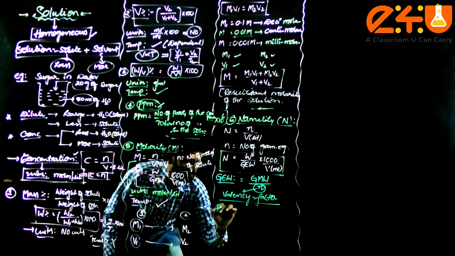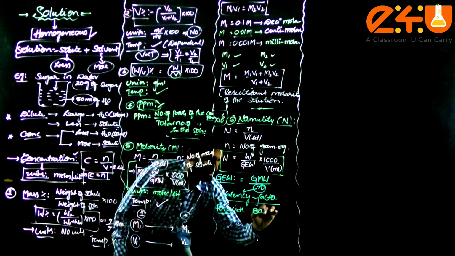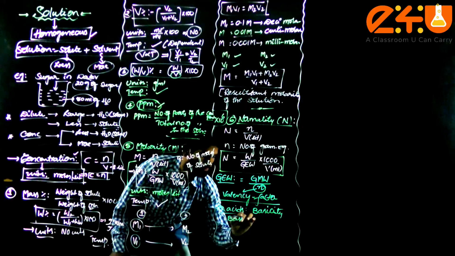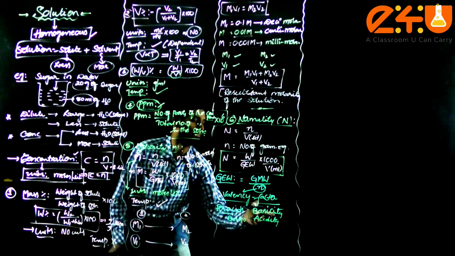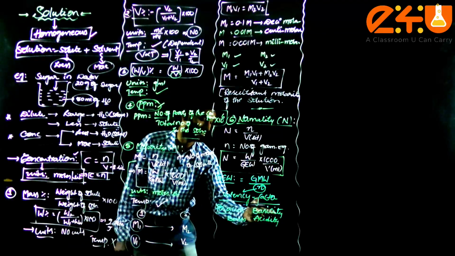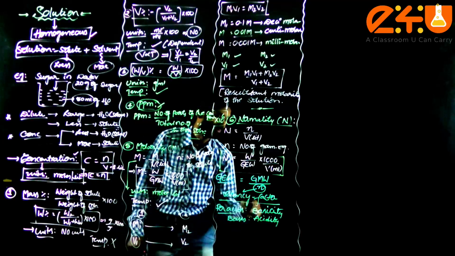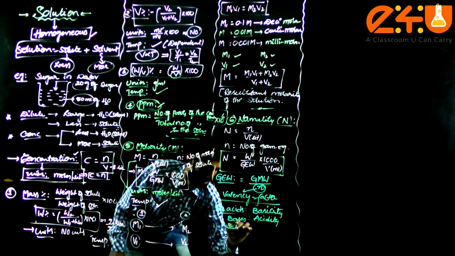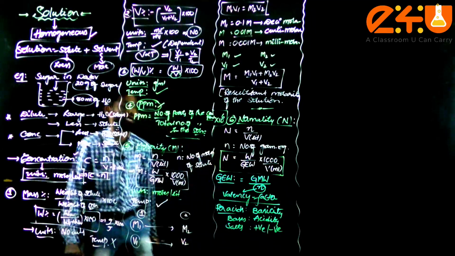For acids, we have to use the term basicity. For bases, we are using the term acidity. The number of replaceable H plus ions from one molecule of the acid is called basicity. The number of replaceable OH minus ions from one molecule of the base is called acidity. Now for salts, how to calculate? Already we know, it is the total positive or total negative charge.